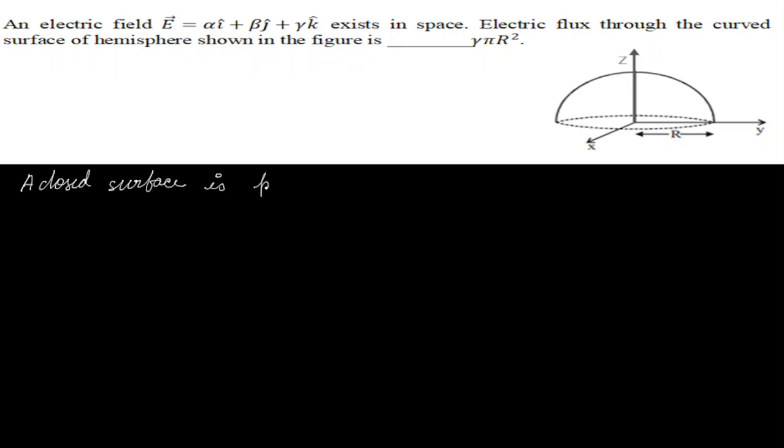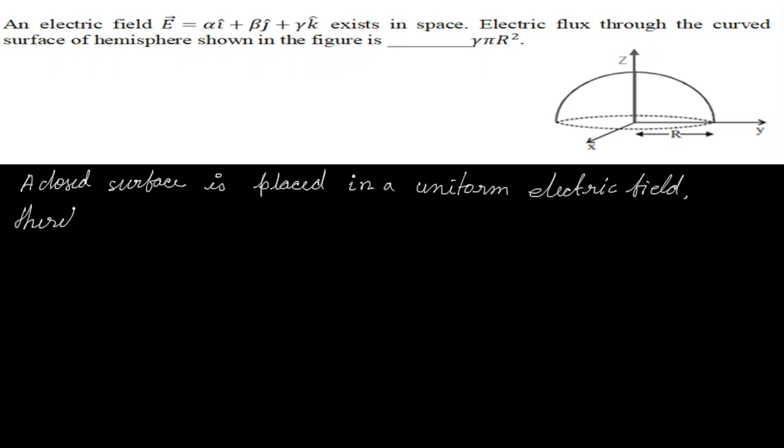Therefore, the net flux will be 0. When I say net flux, it means that in this case there are two kinds of surface: one is a flat surface and the other is a curved surface.